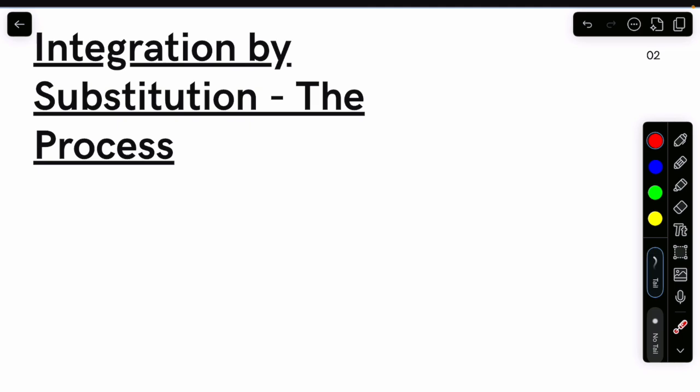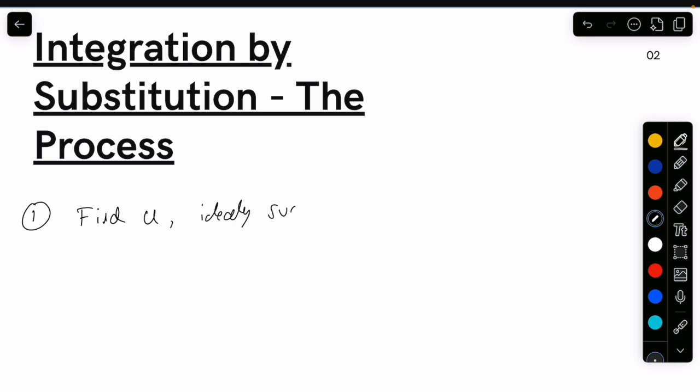To understand the process, we're going to start off by saying, well, number one, we need to find u, because after all, what this is is u substitution, and ideally we want to find u ideally such that du over dx is part of the integral.